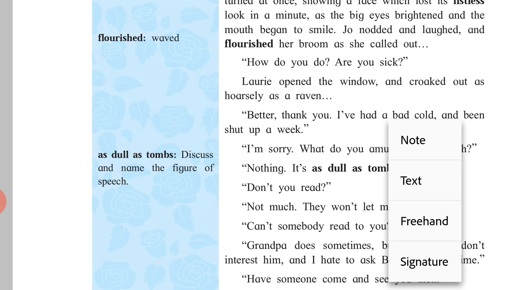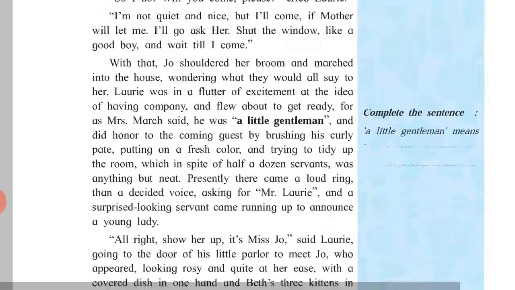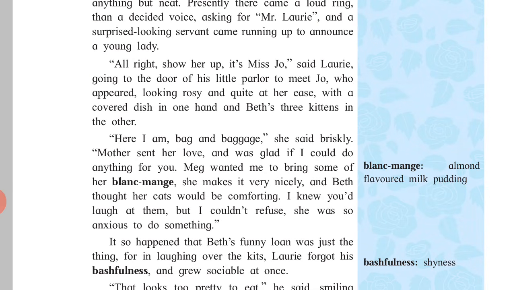Jo revealed that Laurie said he had been grateful for the medicine Mrs. March had sent over, and Meg remarked that Laurie was paying Jo a compliment.